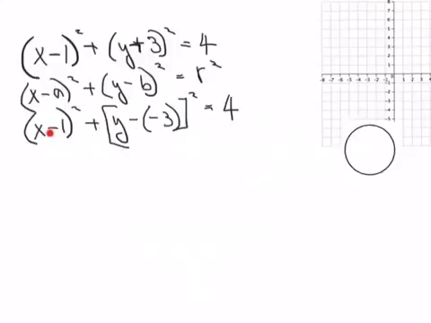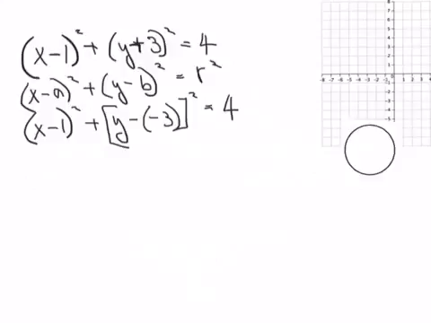So this is going to be 1, and this is going to be negative 3. Okay, and this is r squared. This is not the radius. This is the radius squared. So remember what I said earlier. If there's not a 2 up here, that means you take the square root of that, and that will be the radius. So what does that look like then?